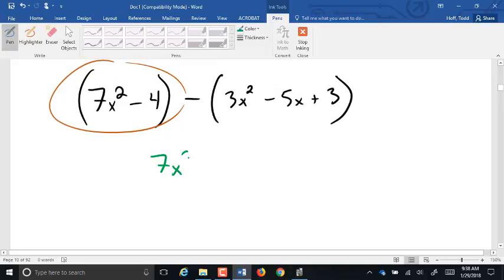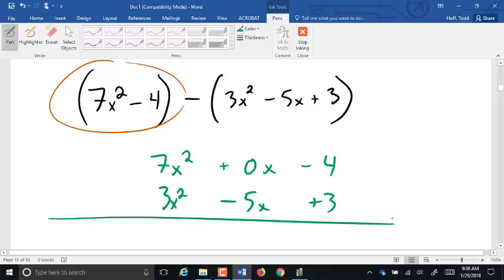So we write this out, that's 7x squared. We have to put in plus 0x. And then minus 4. Then 3x squared minus 5x plus 3. And we are still subtracting.